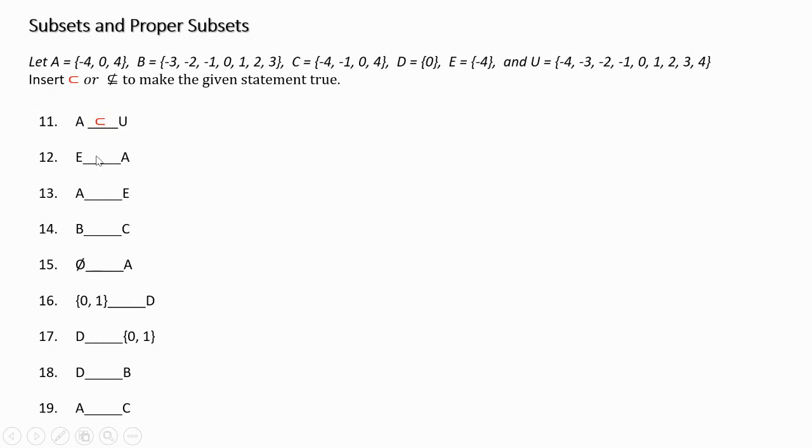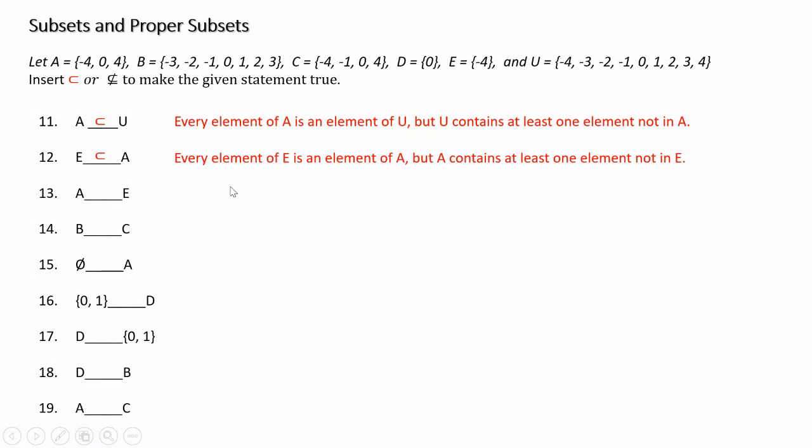So this one is the same thing as number 11. E is a proper subset of A. And here's why. Every element of E is an element of A, but A contains at least one element not in E.